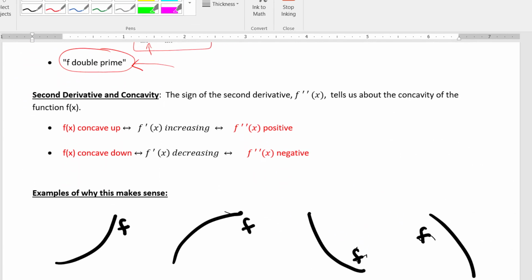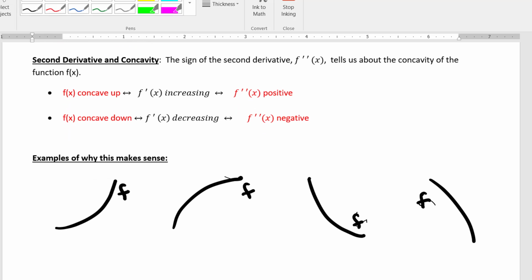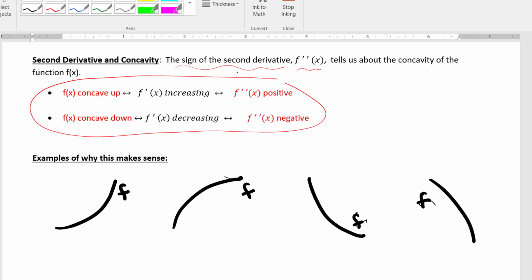All right, what do we do with this second derivative? Well, we're going to see that the second derivative will help us identify the concavity of the function f of x. It turns out that the sign of the second derivative, the sign of f double prime of x, will tell us the concavity of f of x. You need to have this at your fingertips.